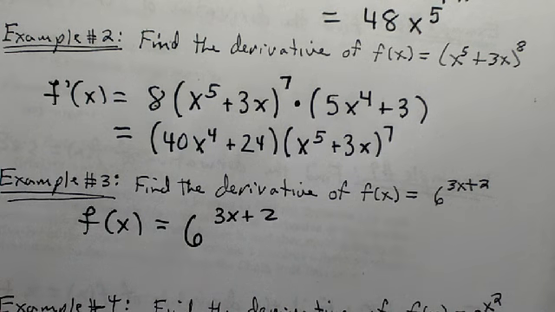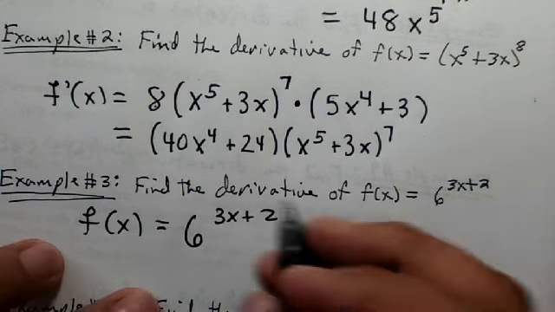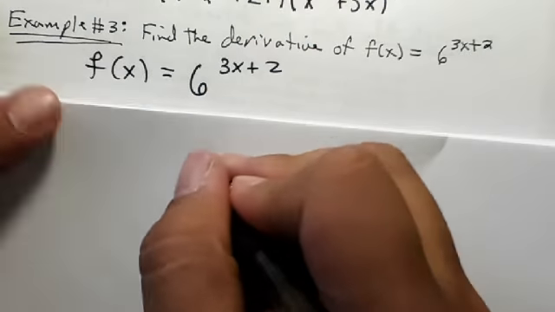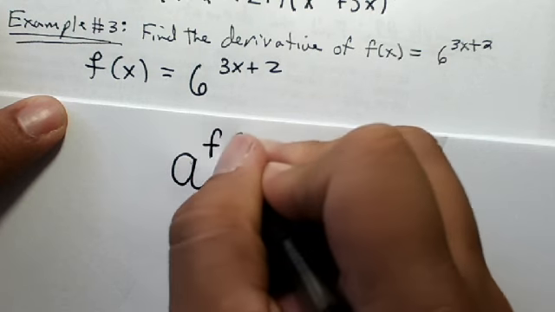No. What type of rule would I be using? Constant? That's not a constant rule either. Wouldn't that be an exponential rule? Doesn't this look like a to the f of x? Watch. A to the f of x power, would you agree?